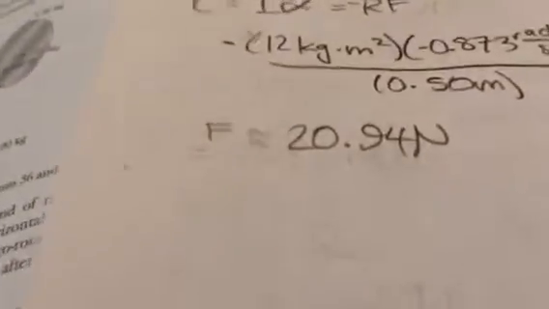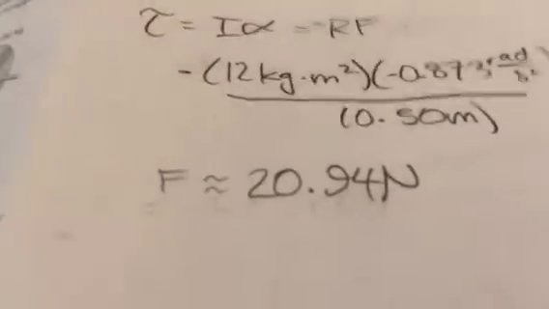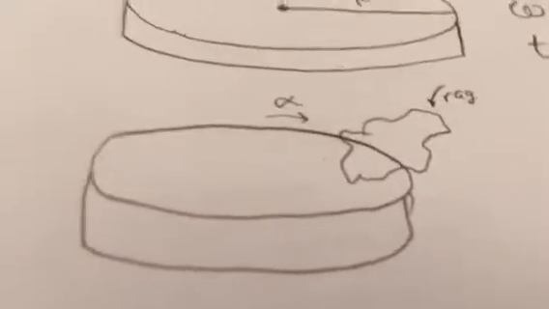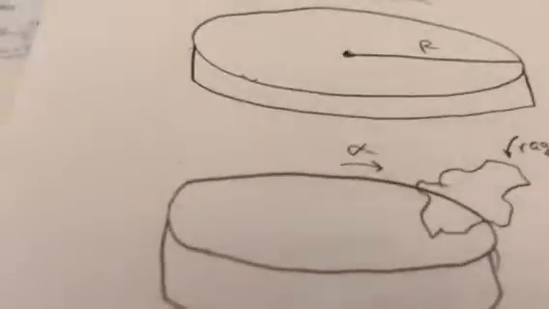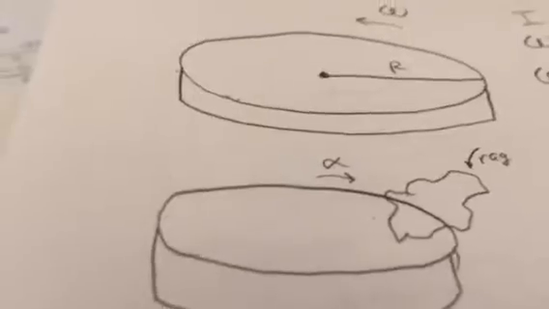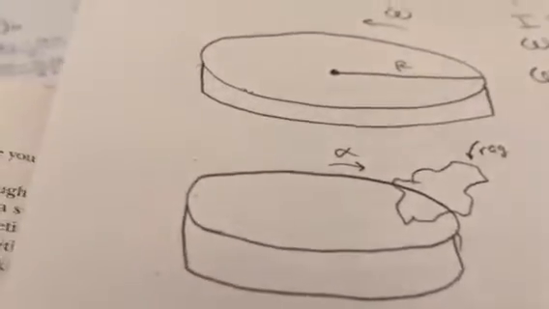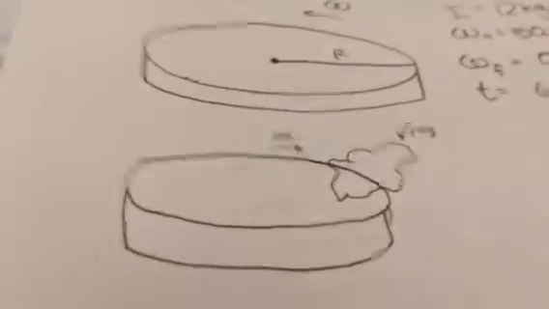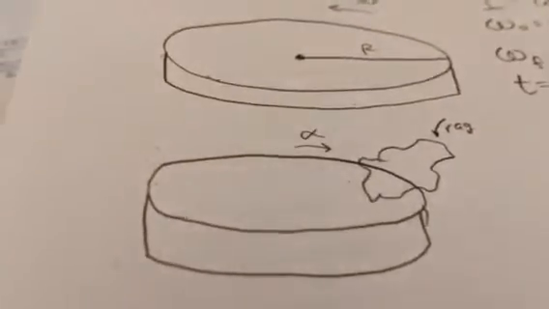This force that we found turns out to be the frictional force. This is how I thought about it: there's a rag being applied here, and there's an angular acceleration. But as I think we talked about in class, there's an external force on the cylinder, and that's what makes this problem a little bit difficult.